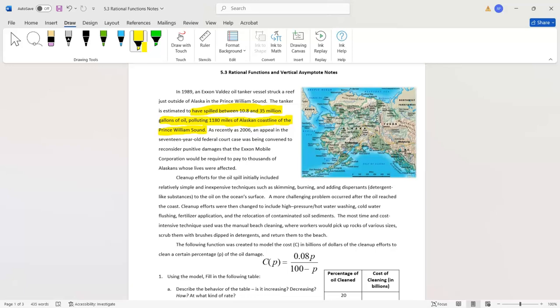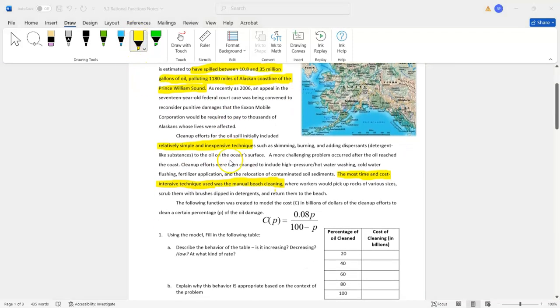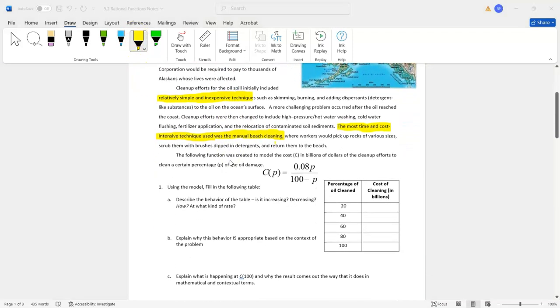We also know that initially there were relatively simple and inexpensive techniques, and later on the most intensive and cost-intensive techniques were used, through this manual cleaning process. So we have a function that will allow us to better understand the cost.